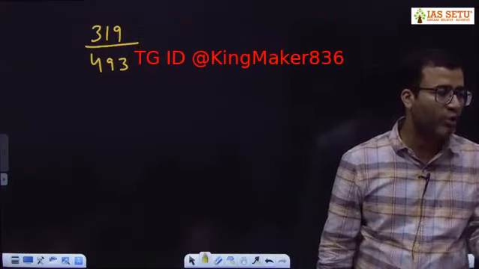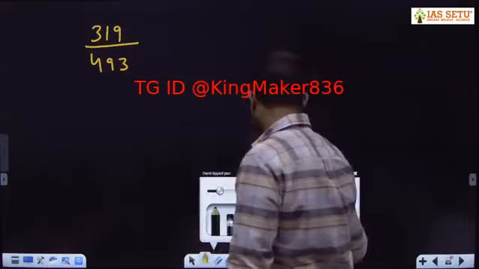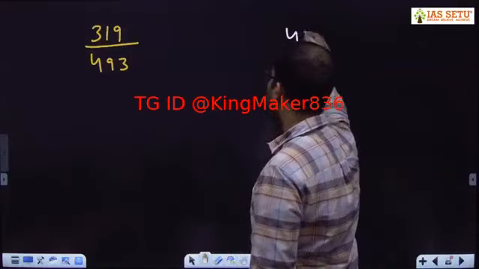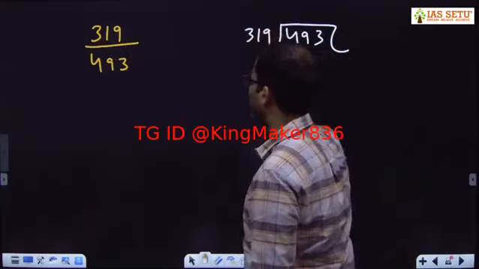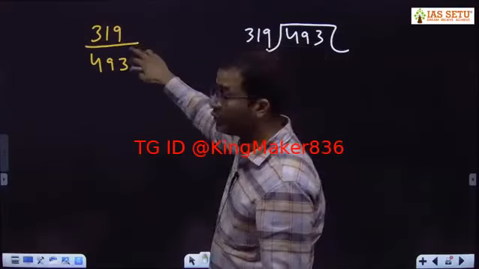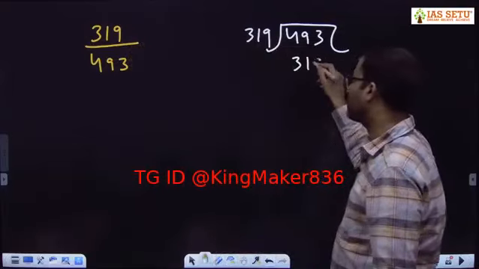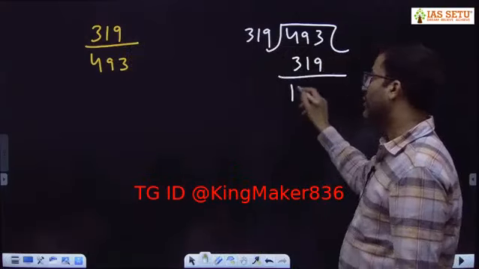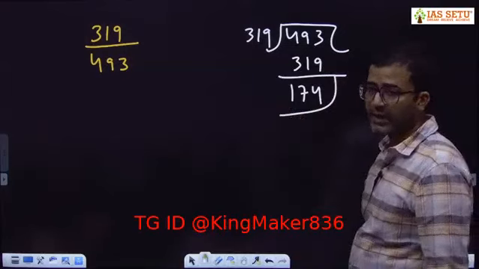ठीक है, अगर आपको common factor नहीं नजर आ रहा, HCF निकाल लेते हैं by division method. Division method suggests you divide the larger number by the smaller number. Means we try to find the HCF of these two given numbers. This is 319. Here your remainder is 174. Your remainder will become the next divisor.